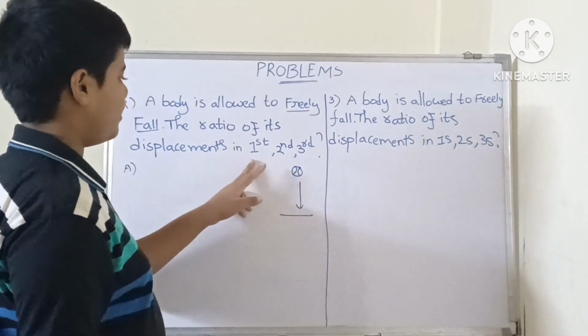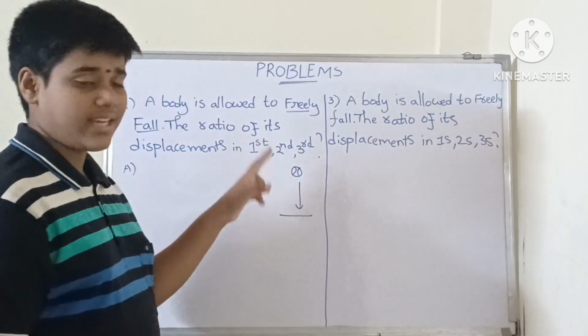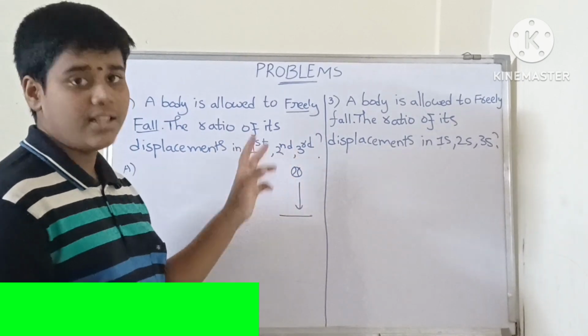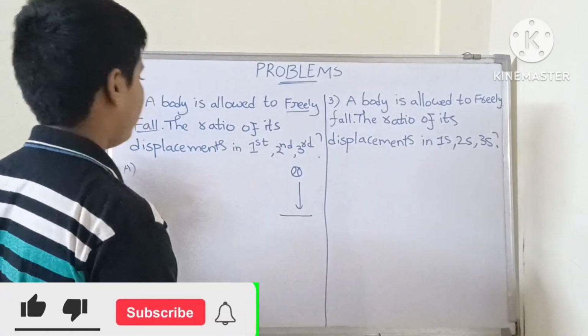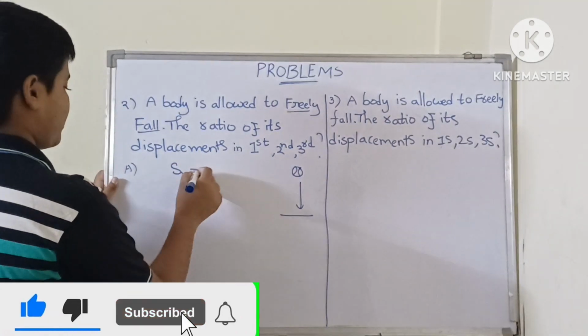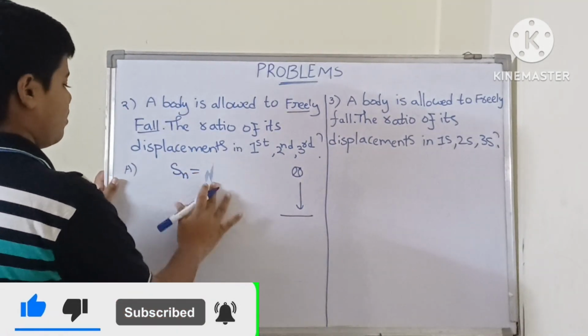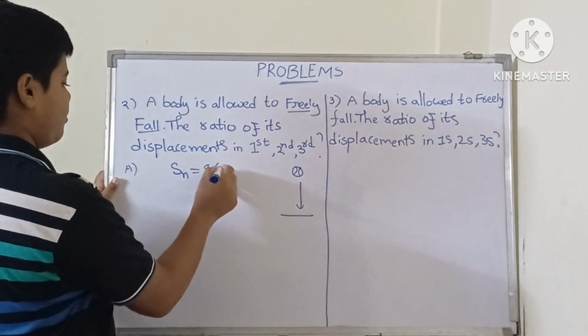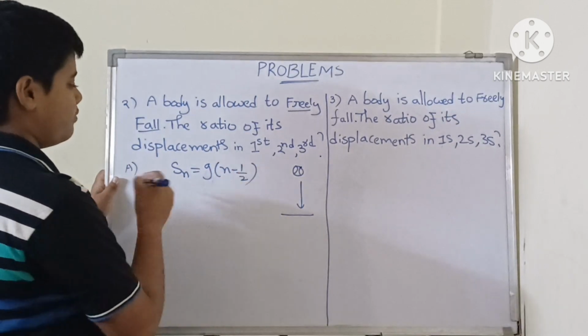Very important thing: if they ask first second, second second, third second, we have to apply the formula Sn equals g into n minus half.